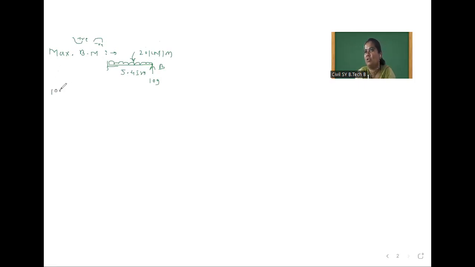So this 109 creates sagging type of nature. So 109 into perpendicular distance, which is 5.45. After that we will move toward this 20 kilonewton per meter force. This pushes downward, that means hogging nature is there. So minus, first we will convert 20 into 5.45, and after that it will act at its CG, 5.45 by 2. So now you calculate and tell me the maximum bending moment, which is equal to how much?